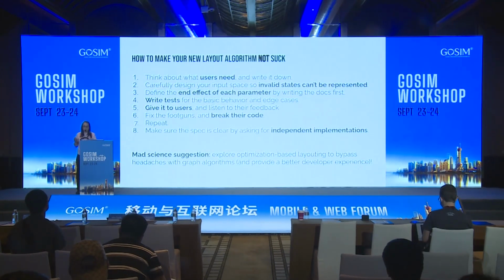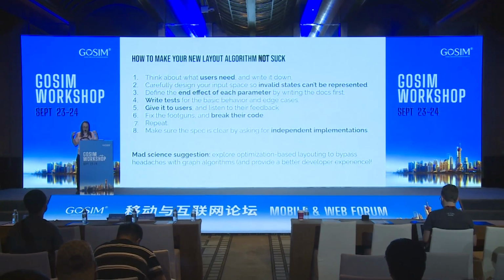If you need lots of complex language and lots of if cases, your algorithm is probably inelegant and your API is definitely going to be confusing to them. So you should go back to the drawing board before you try and code this up. Then you should write some tests for the basic behavior and edge cases, and then implement your algorithm.